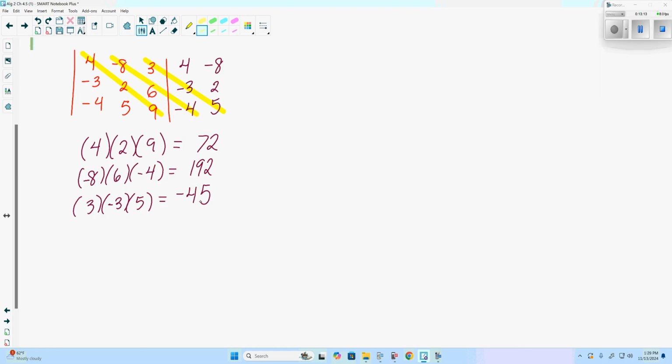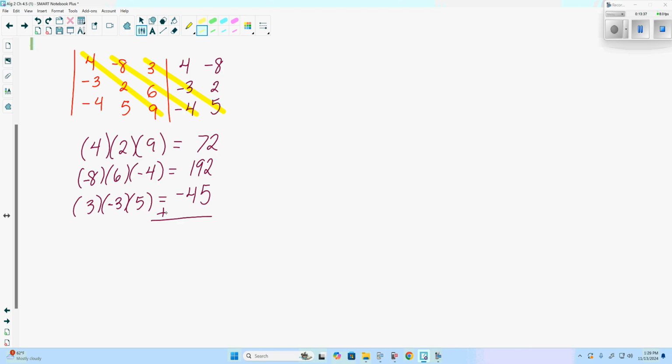Now all of these, because again on the last one we took the ones going from the left to the right and subtracted it from the ones going from the right to the left, yes? All these diagonals are coming from the same direction, yes? So what we're going to do is take all three of these and add them together.